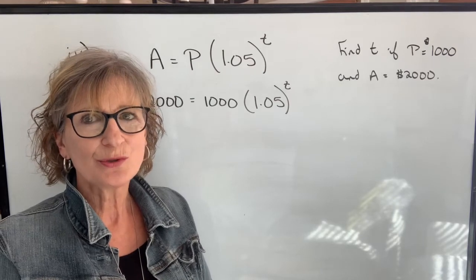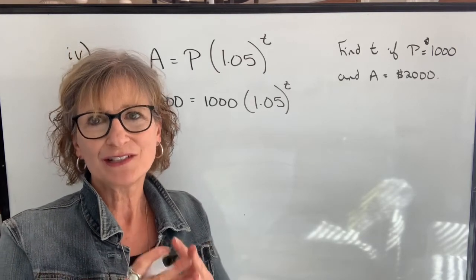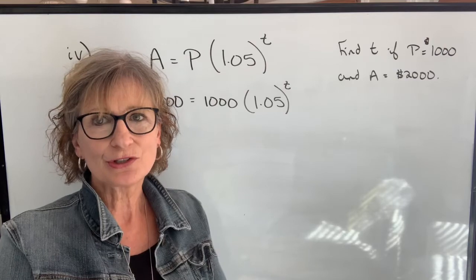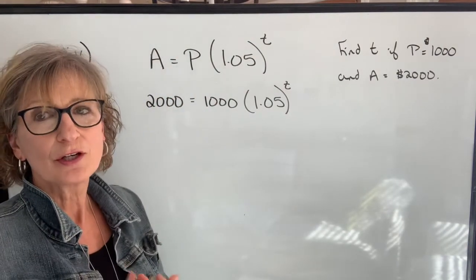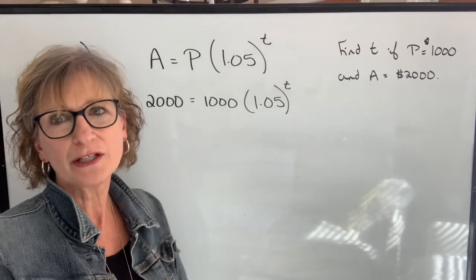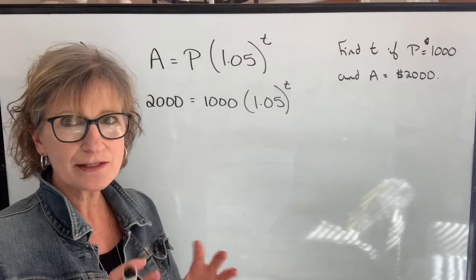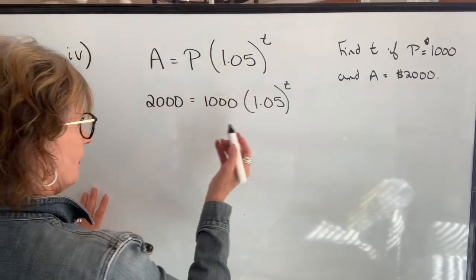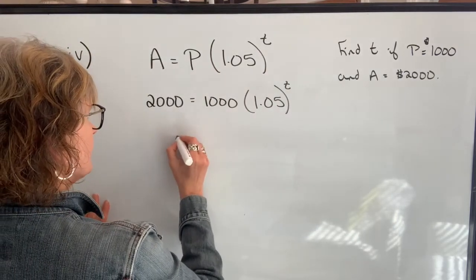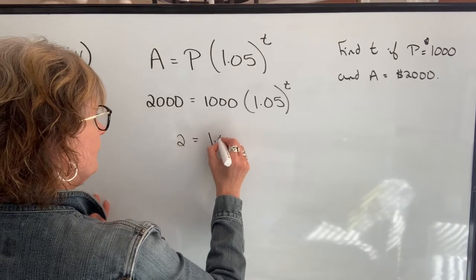What you need to do is get that 1.05 to the t power by itself. In order to do that, we're going to divide both sides of the equation by 1,000. So again, we're simplifying before we start taking the log. Just do any simplification that you can first, and then proceed with the strategy. So I'm going to divide by 1,000 and I get 2.